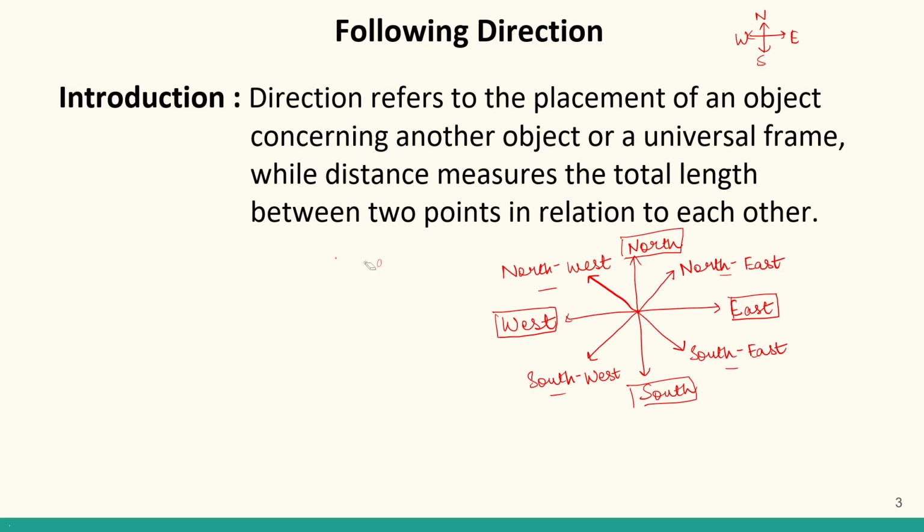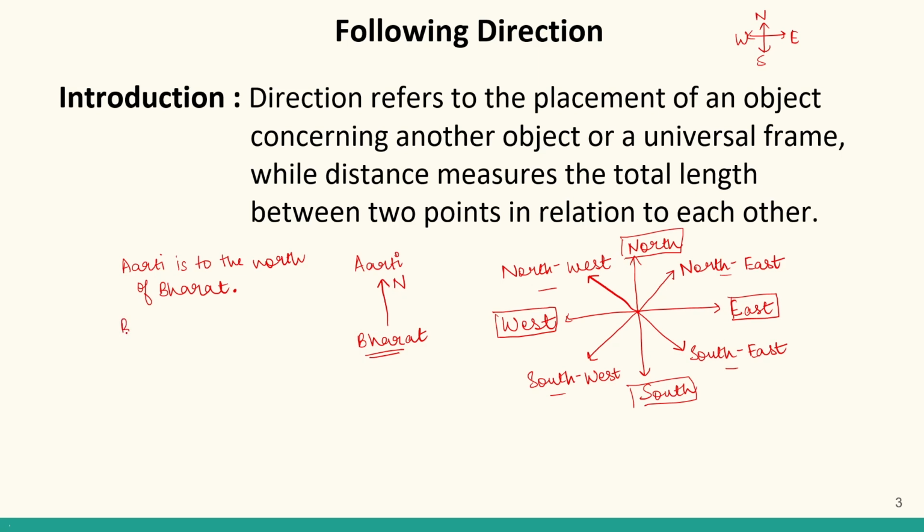Now there is another concept: how do we find a direction based on the object. For example, we have a girl named Aarti, and a boy named Bharat. Now I can say that Aarti is to the north of Bharat, because if you look at this position, Aarti is in the north direction with respect to Bharat.